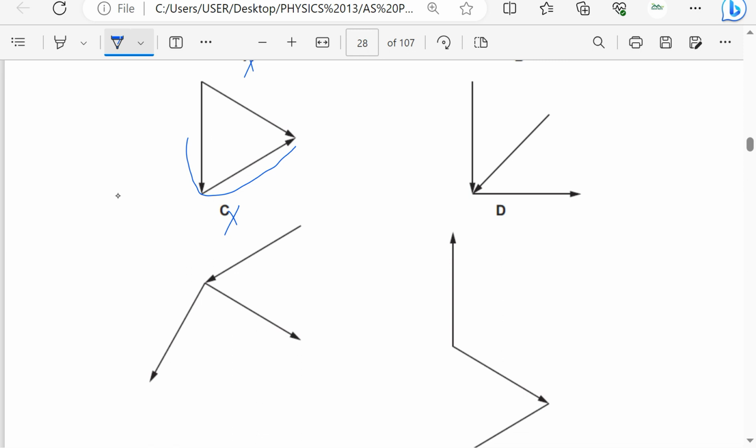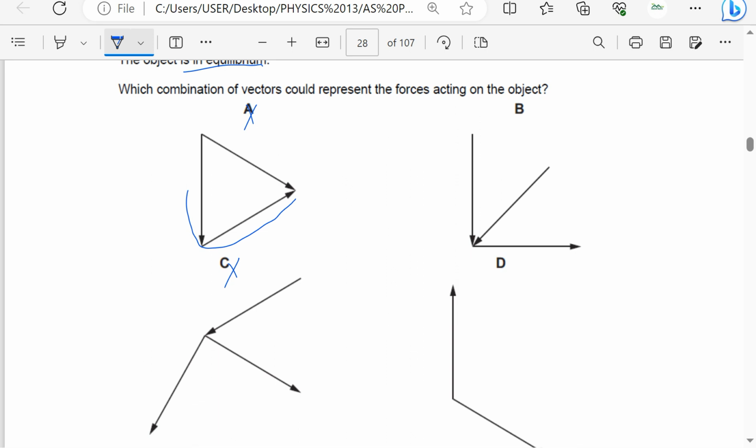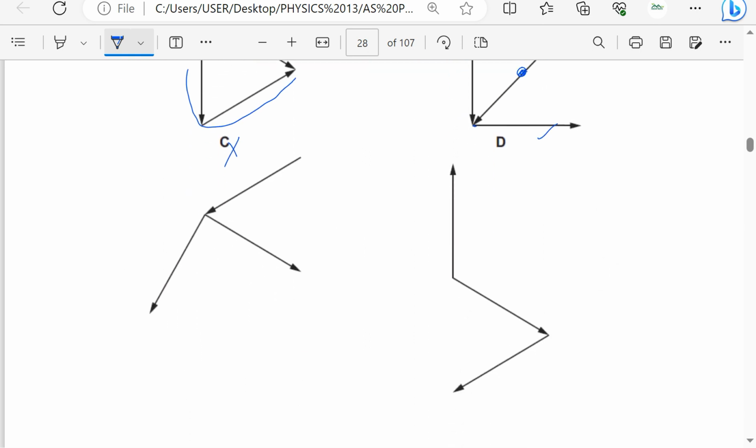If I bring D, when I fix one vector, of course, these are not forming a closed triangle. They are all pointing to the same point. Of course, these two are pointing here. Because of direction, there's no way I will combine them. This is joined to this one, but there's no way I'll add this one to form a closed triangle. So this one's out.